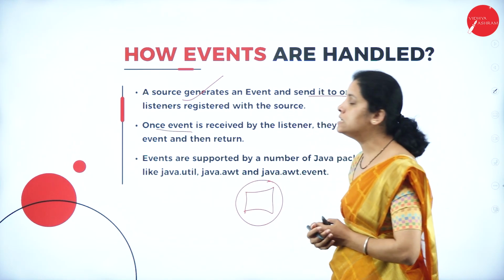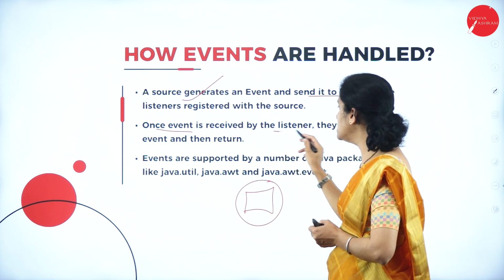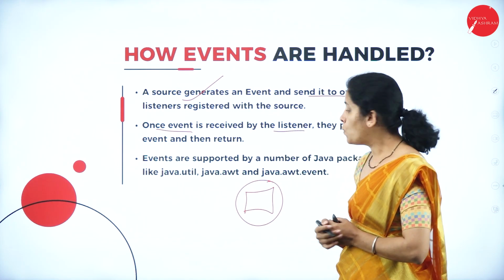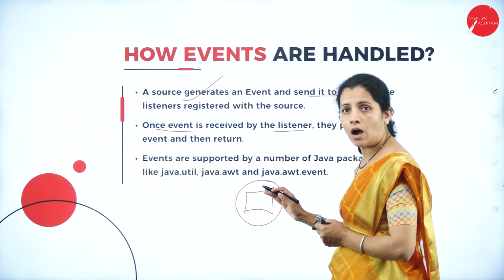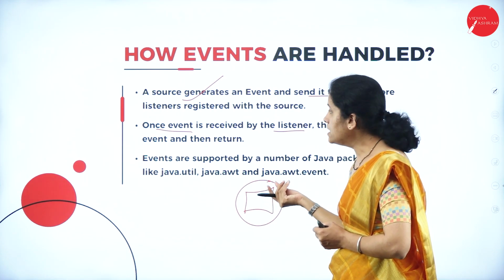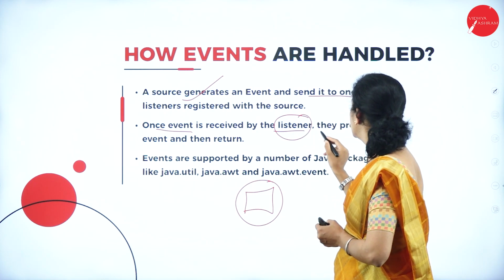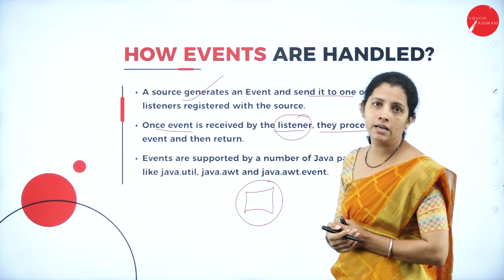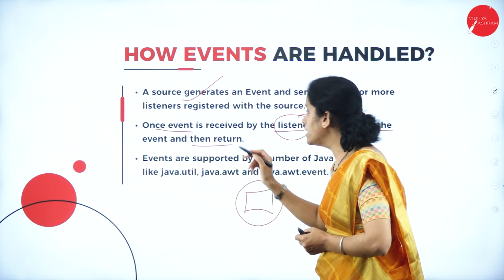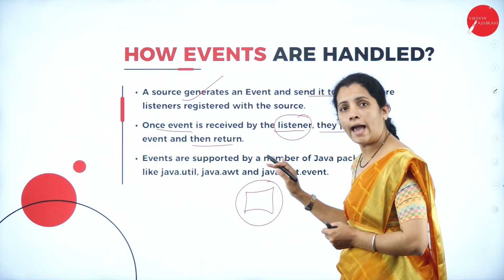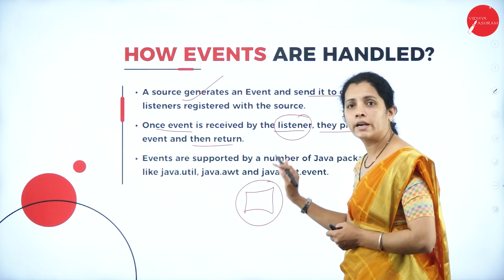Once event is received by the listener, now once I click the mouse, that action is received by the listener. They process the event and return. It's going to execute the action and it's going to return.